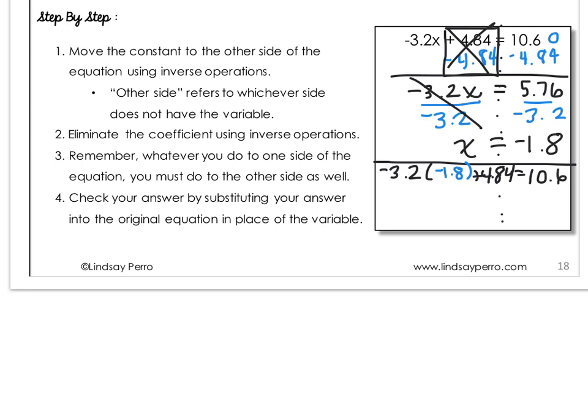So using order of operations, I'm going to multiply before I add. Negative 3.2 times negative 1.8 is 5.76 plus 4.84 equals 10.6. And then add 5.76 and 4.84. 10.6 equals 10.6, and it checks out. So we're good.